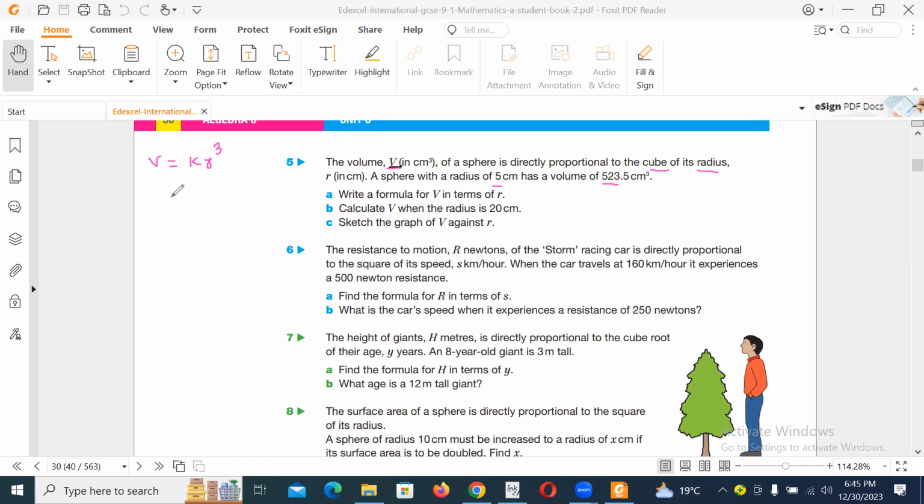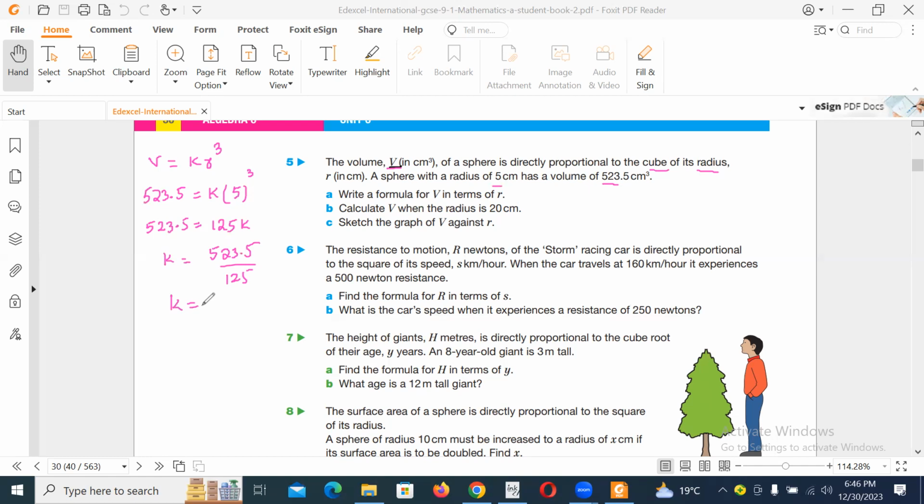So by putting these values of radius and volume, we will try to find out k first. So that is the volume in terms of r. If I replace, 523.5 is equal to k, r is 5 and 5 cubed, and we know that 5 cubed means 5 multiplied 3 times, which is 125k, and k is equal to 523.5 divided by 125.